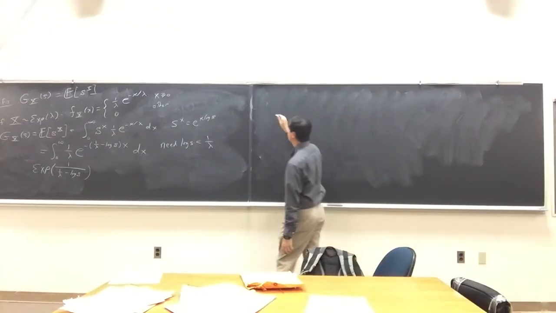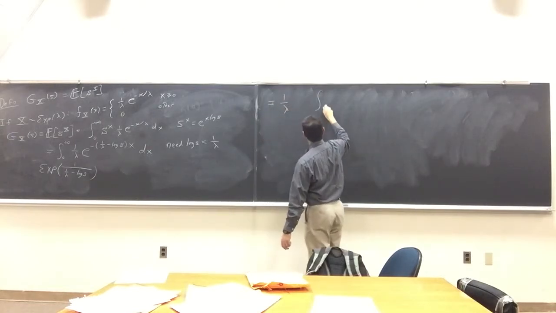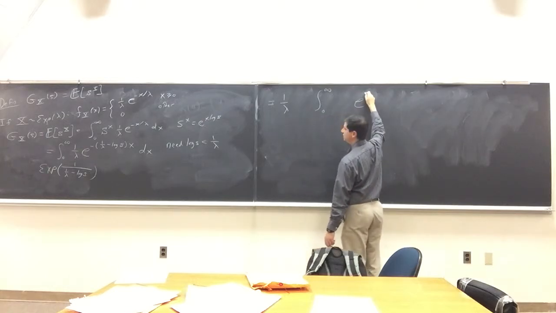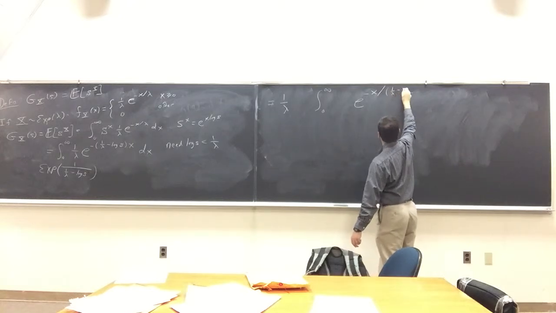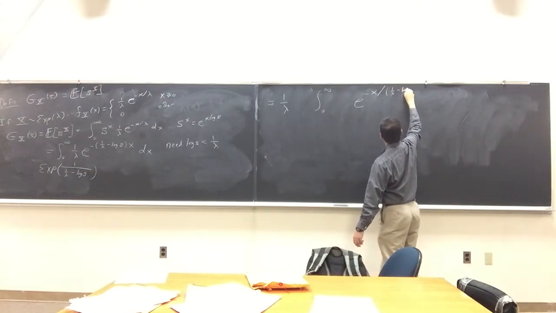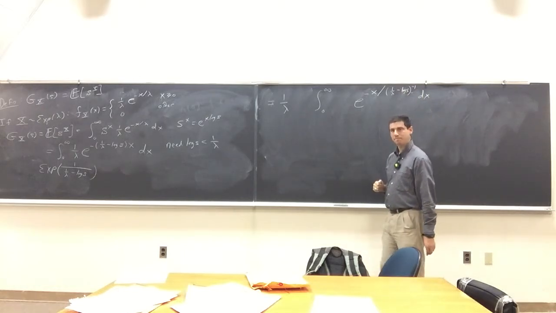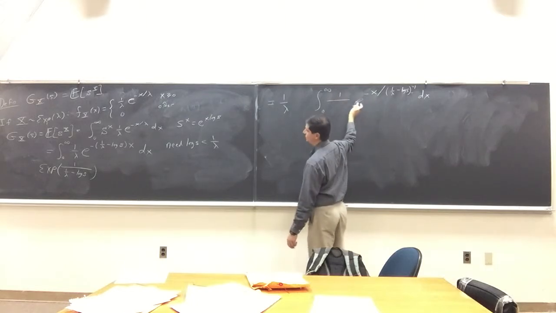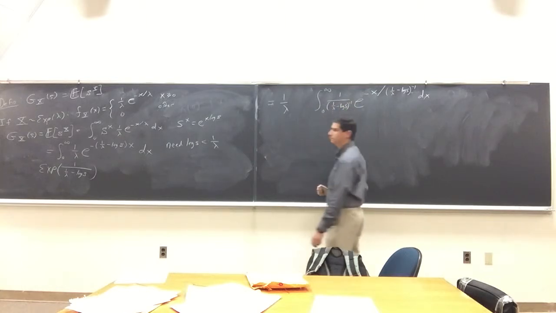So we can rewrite this as, I'll pull out the 1 over lambda. I have an integral from 0 to infinity. I have an e to the negative x divided by 1 over lambda minus log of s inverse dx. So then I have to have a 1 over lambda minus log s inverse.